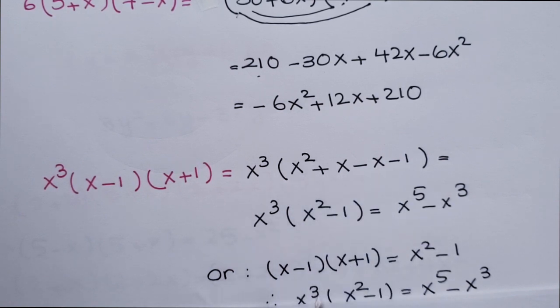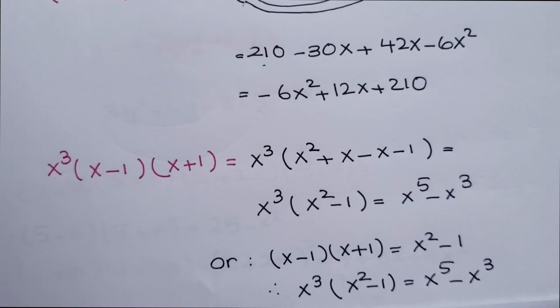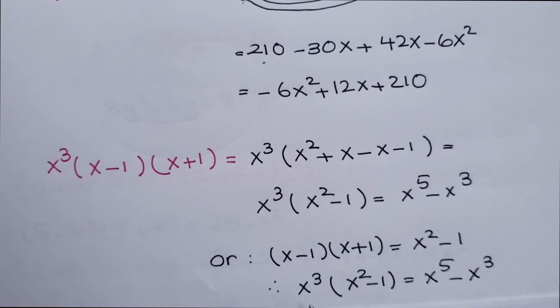But instead of doing the FOIL and simplifying, you just use the formula and save yourself a lot of time. So x squared minus 1, and then the next step is multiplying x cubed by this bracket, x cubed multiplied by x squared minus 1. The final answer is x to the power 5 minus x cubed, which is exactly the same as the other method.